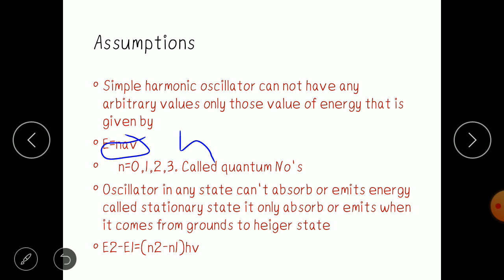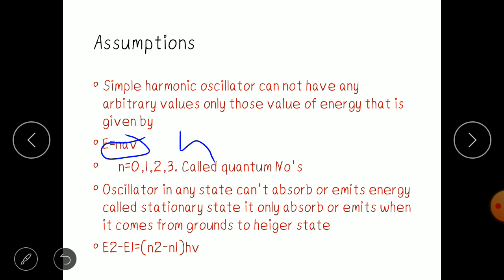When the oscillator is in a particular state, it cannot absorb or emit energy. Such a state is known as a stationary state, okay. It absorbs or emits energy only when it jumps from one particular state to another.